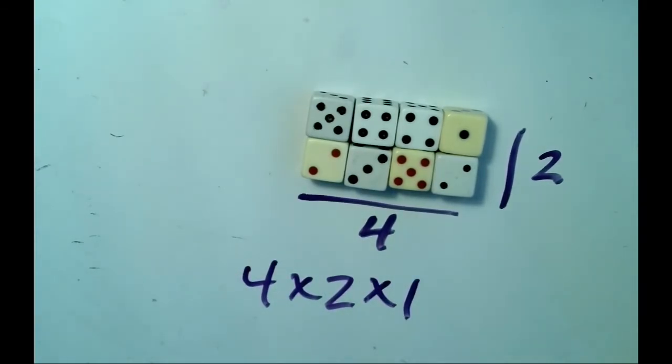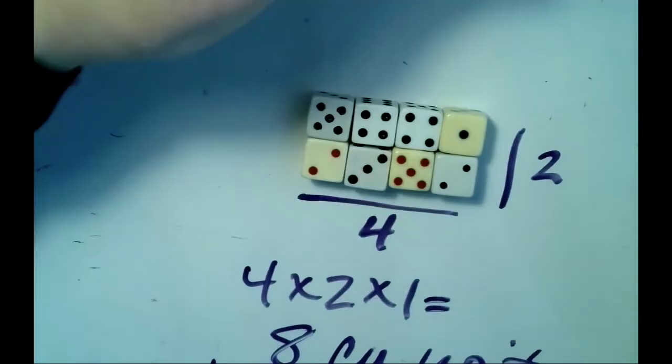And when you multiply 4 times 2 times 1, you get 8. 8 cubic units is what we call volume of this, what would be a prism if we were to put it all together.